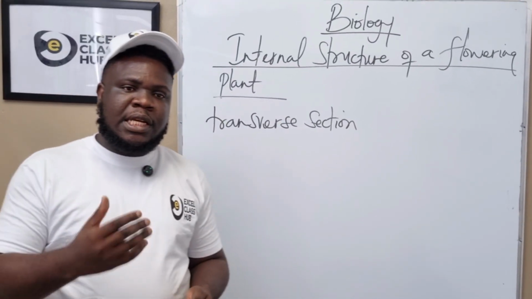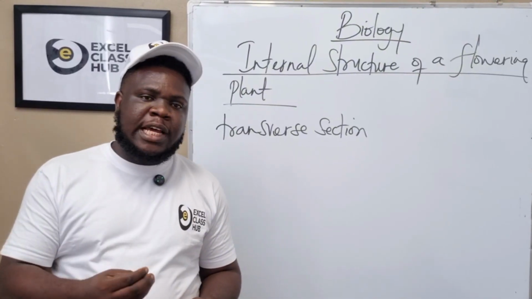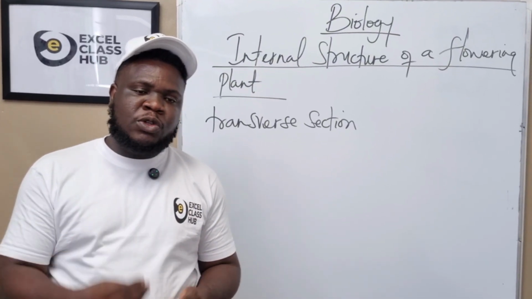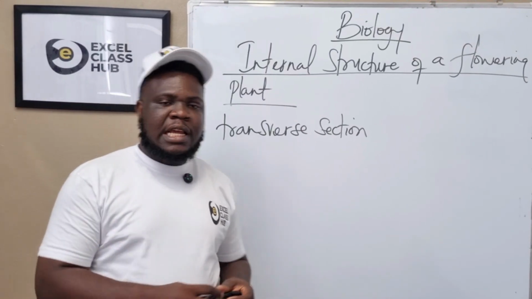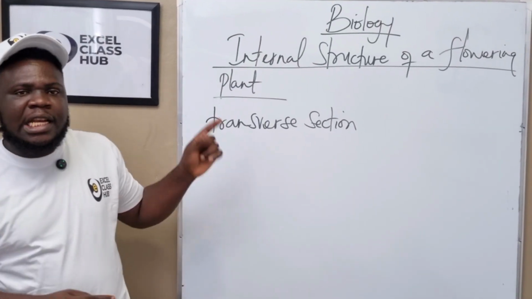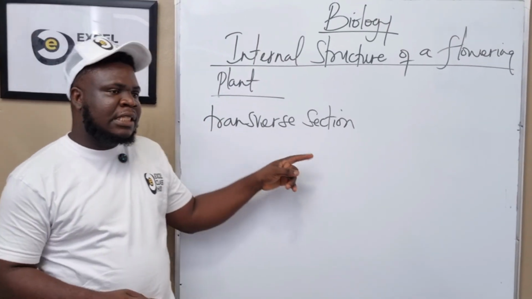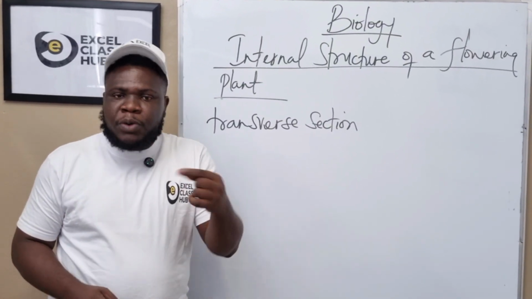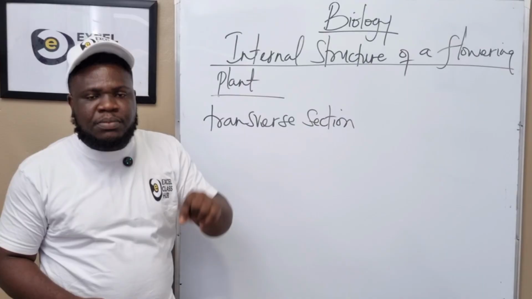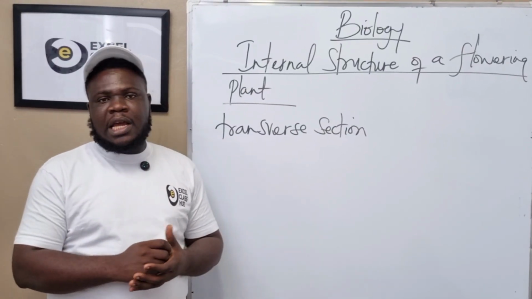We normally stain with a dye so that structures that ordinarily are not visible will become visible. There are certain internal structures in a flowering plant that only become visible after staining with a dye.